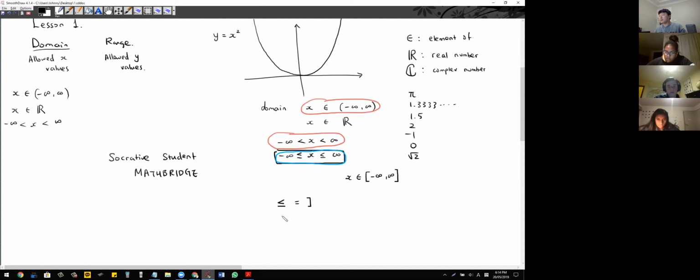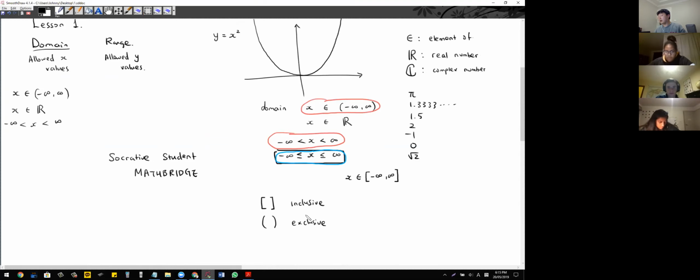And if you see this, or how do I write it? Yeah, so the square bracket is inclusive bracket. So these two are inclusive brackets. This is exclusive bracket.